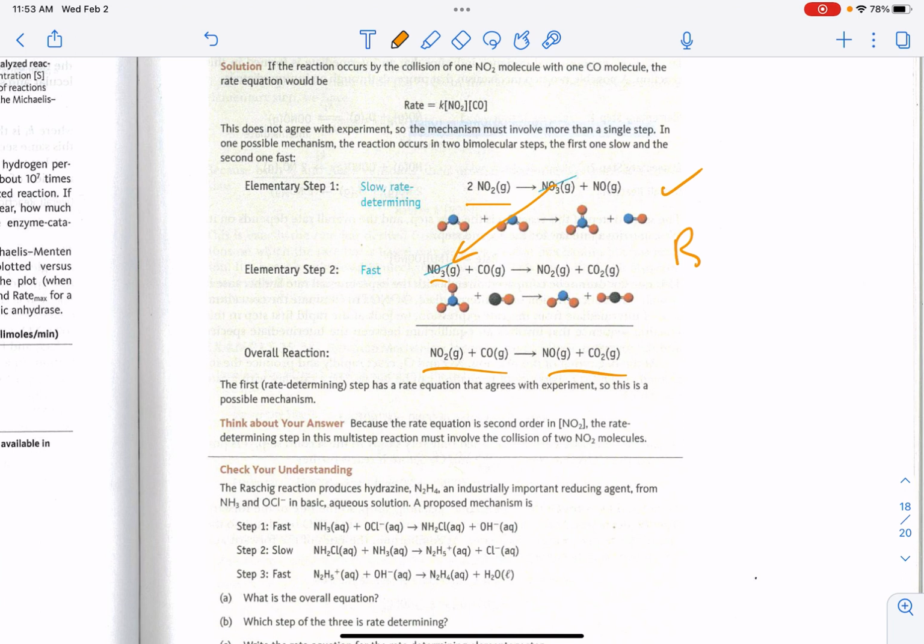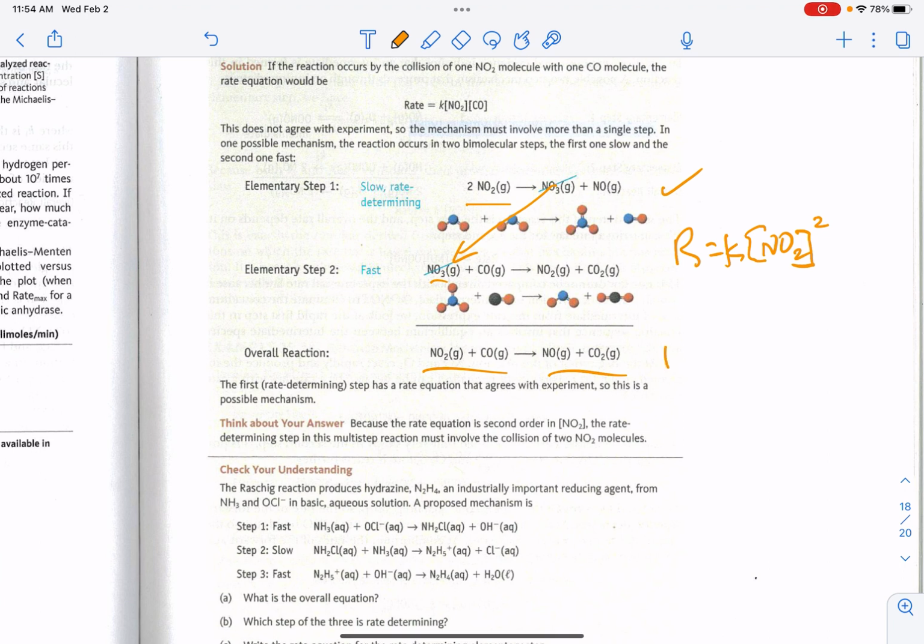And so my rate law is going to be based upon the molarity of my reactants, which are nitrogen dioxide, times some constant k. And since that is my elementary step, my coefficient becomes my exponent. And that's the rate law, I should say, for the elementary step.